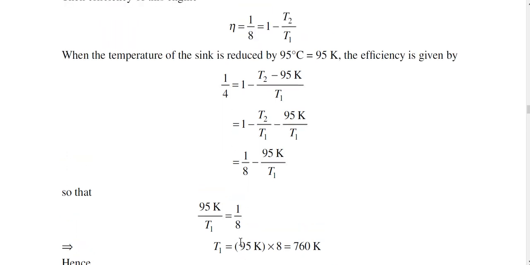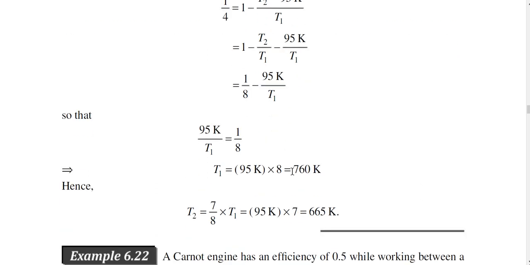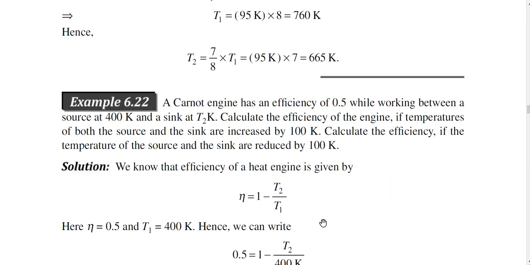Why 7 by 8 into T1? We are using this formula because it relates the temperatures T1 and T2. So, from this relation, if we are able to calculate the value of T1, then we can also calculate the value of T2. So, this is the value of T2.